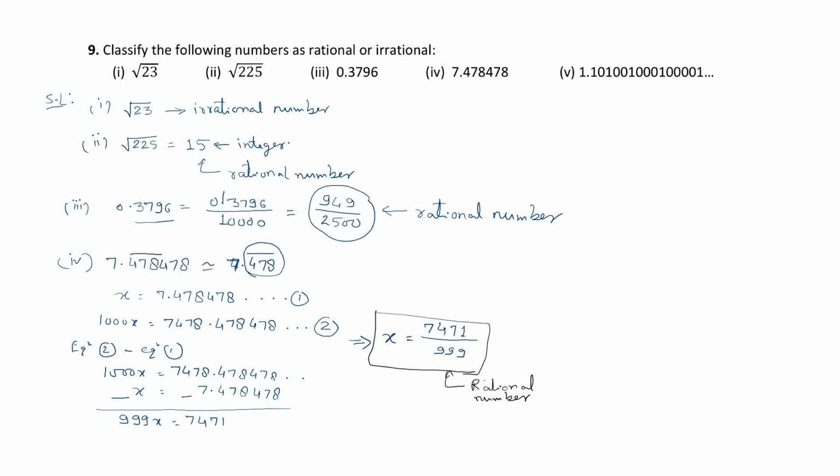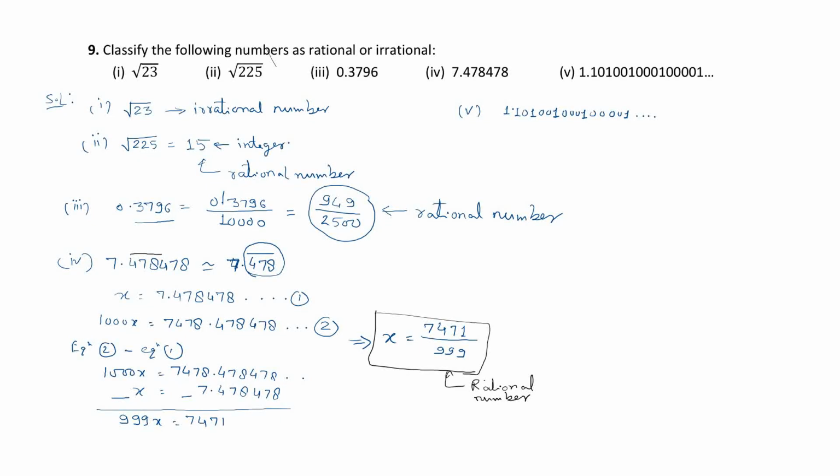Now let's take another example, that is 1.101001000100001 and so on. See, none of the digits is repeating.